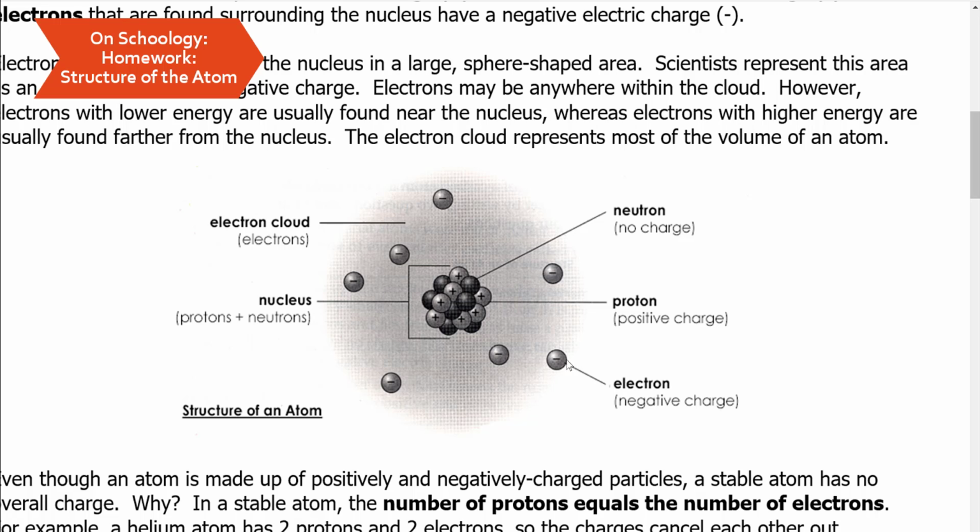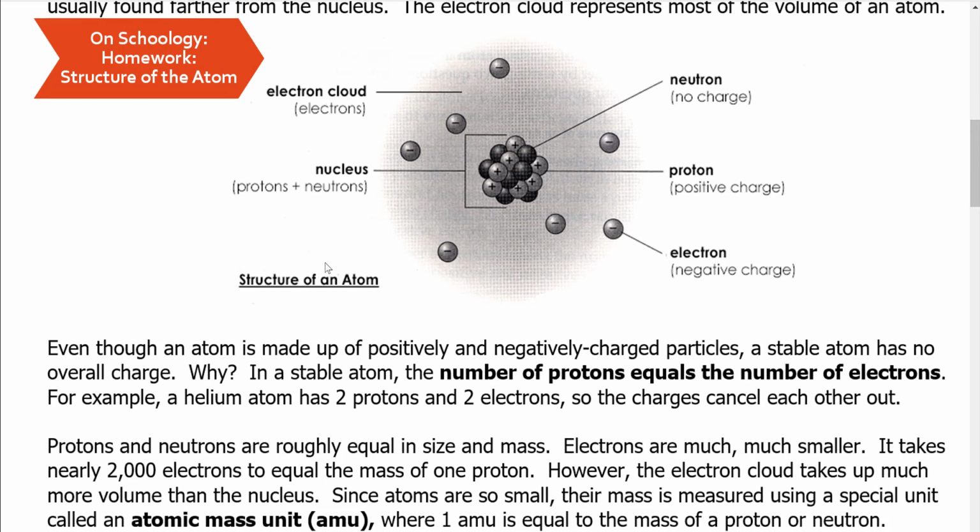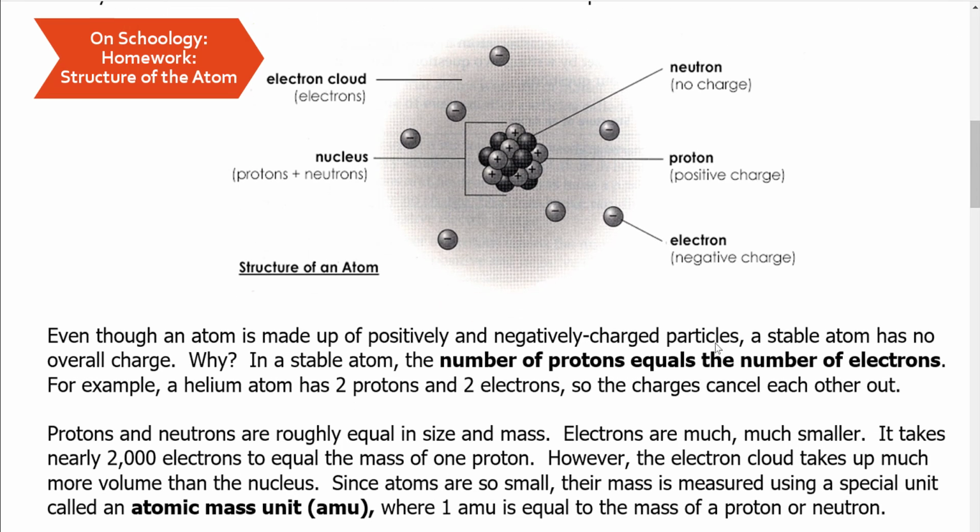Electrons have no mass, and they are found in the electron cloud. And for our neutral atoms, the number of protons equal the number of electrons. So if there are 5 protons in the nucleus and 5 electrons in the electron cloud, then even though that atom does have charges within it, overall they cancel each other out, and that would be a charge of 0, and we would say that that is a neutral atom.